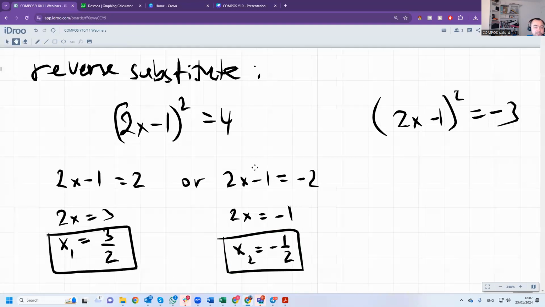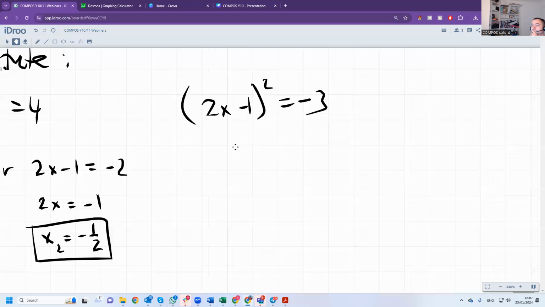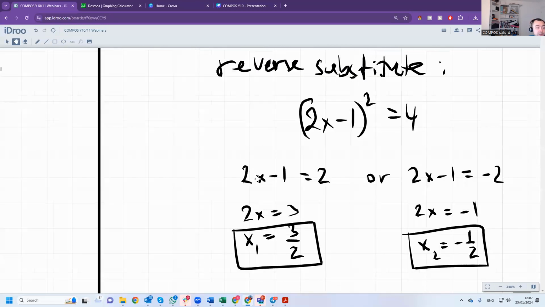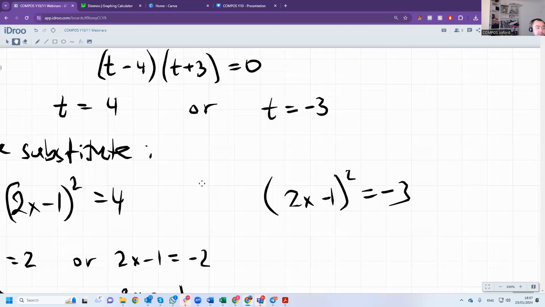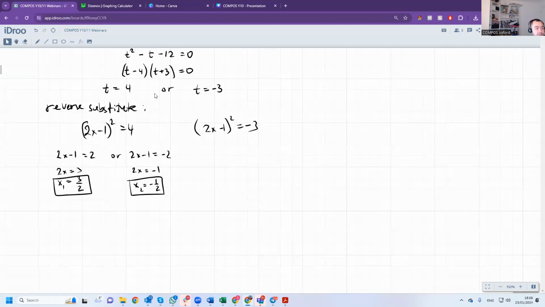What about this one? You could expand and solve, yes. If you expand and solve, you get the same solution.